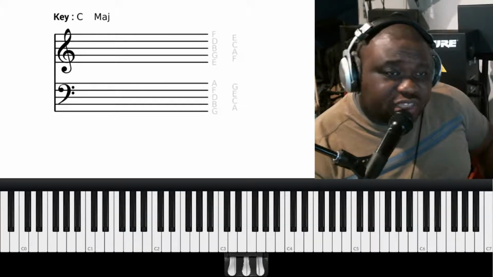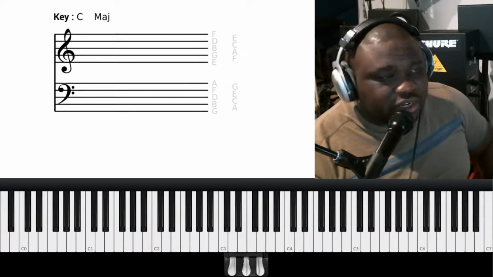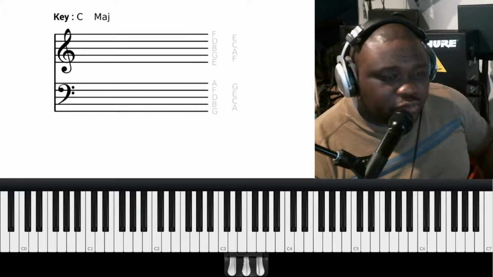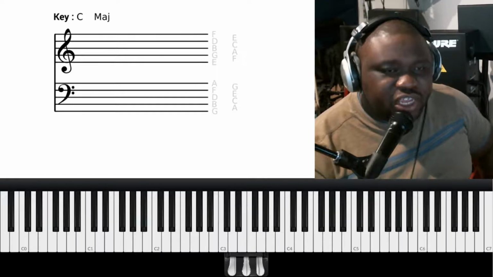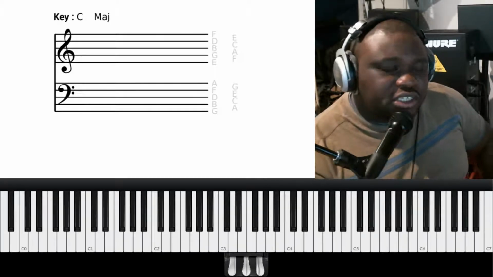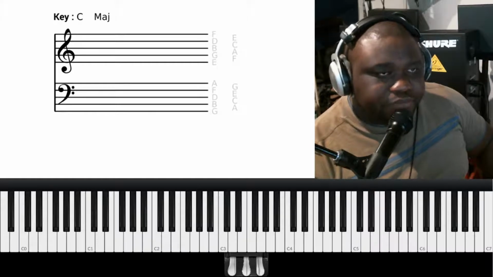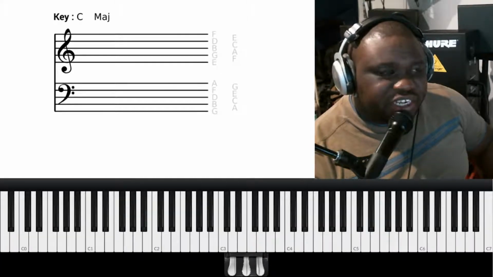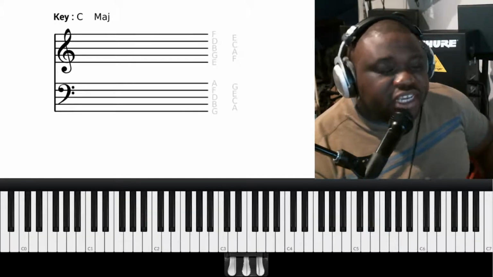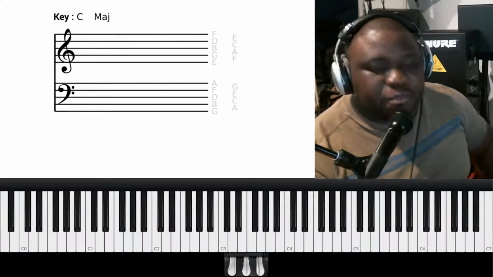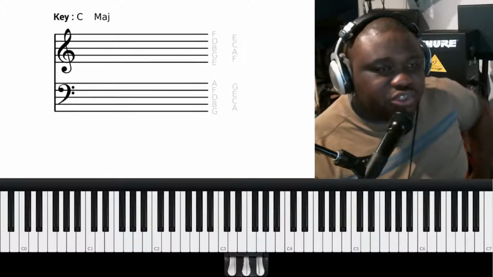I'm not going to go too deep into the augmented and other types, but we are going to stick with basically a major 7th and a dominant 7th. We can do that in the majors and the minors, and I'll explain that shortly.